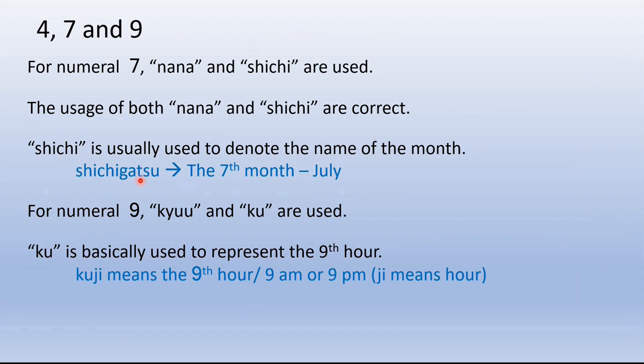It could be 9 a.m. or 9 p.m. So kuji means 9 o'clock, 9 a.m. or 9 p.m. So ku is primarily used for representing the hour of the clock, and in all other cases, kyuu is used for 9.